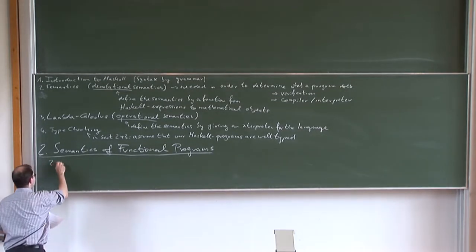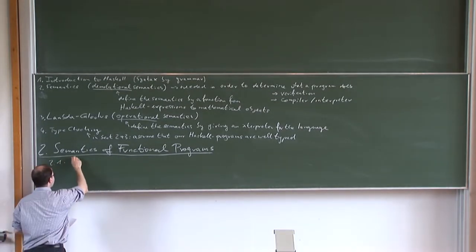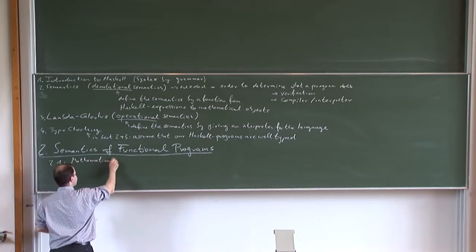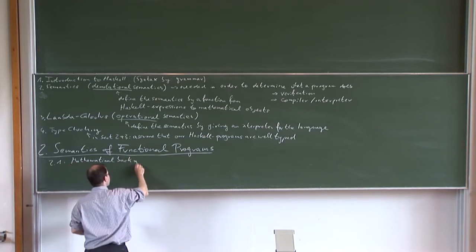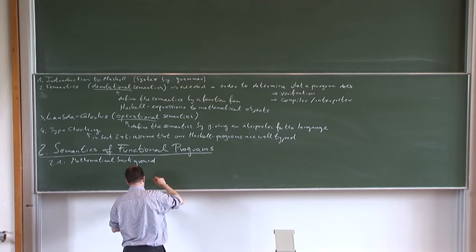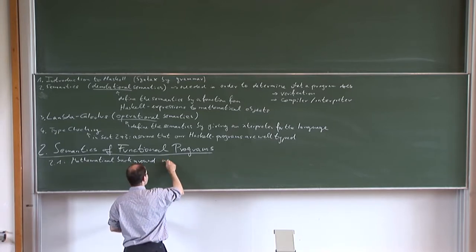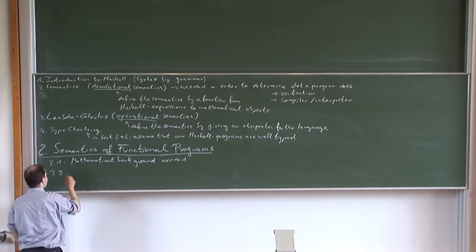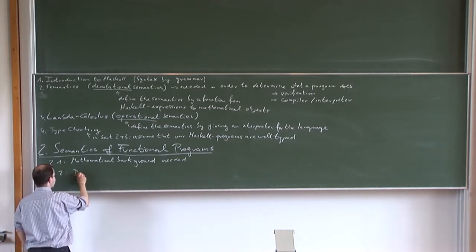And this is what we're going to do in section 2.1. So here we introduce the mathematical background which is needed to define the semantics. And then in section 2.2, we define the actual semantics.